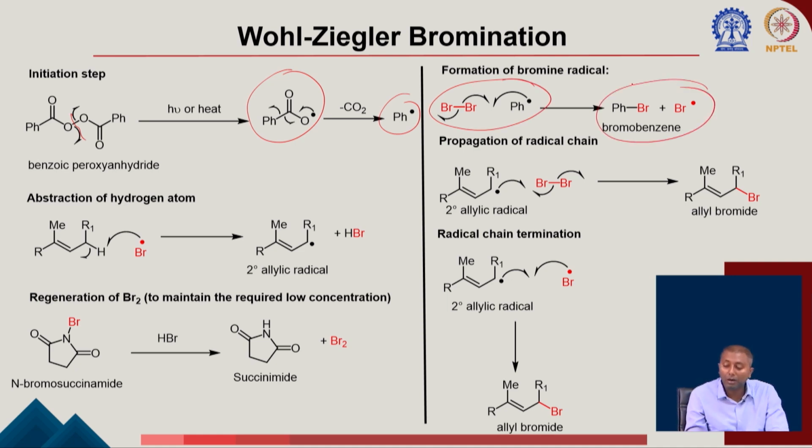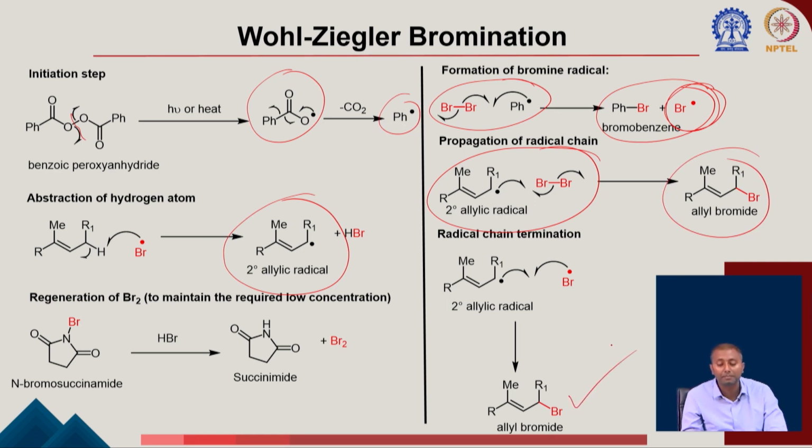So now this Br dot is the active species, which is going to abstract this carbon-hydrogen, cleaving this carbon-hydrogen bond to generate a radical which is secondary and allylic. Now once you have this allylic radical, it can interact with bromine to form this allylic bromide. Once you form the bromide, there will be radical chain termination happening to form the corresponding allylic bromide.